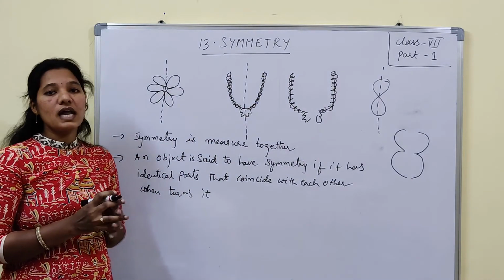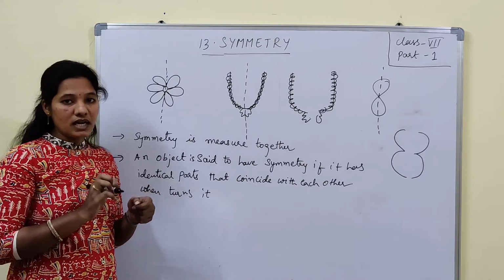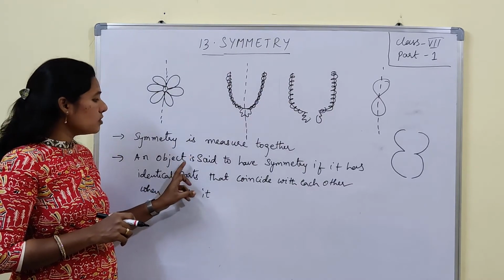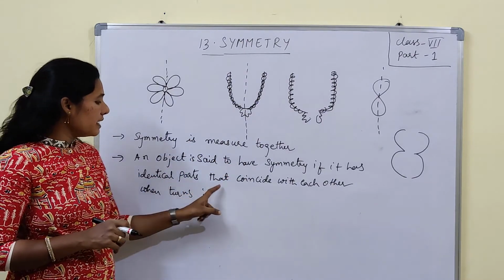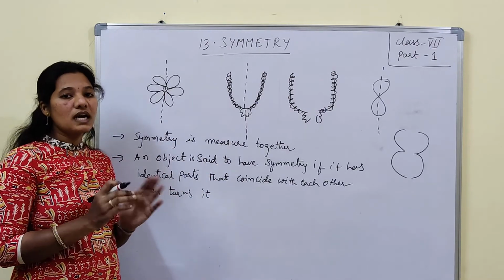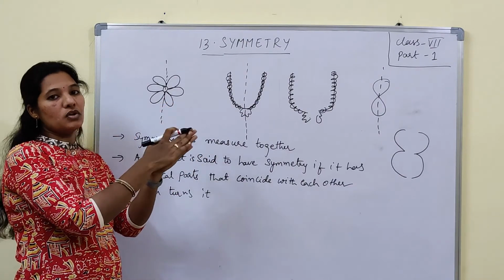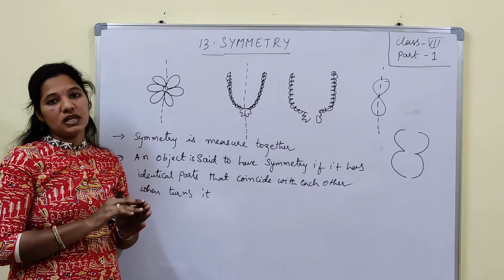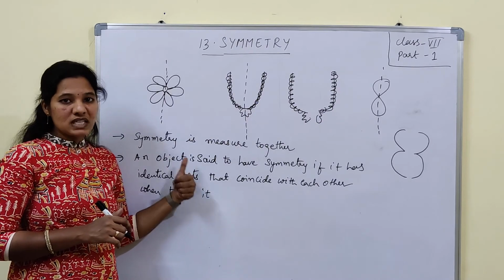One thing you need to remember: when you say an object has symmetry, it has identical parts that coincide with each other when you turn it, meaning when you fold it or place one upon the other. But we cannot tear it. This is the concept of symmetry. Okay.